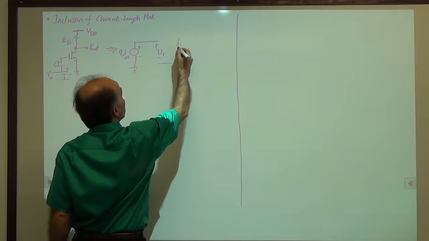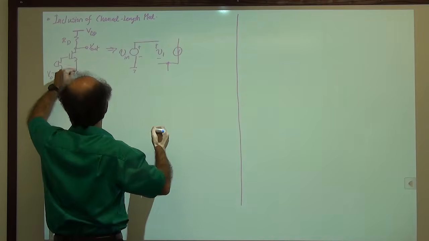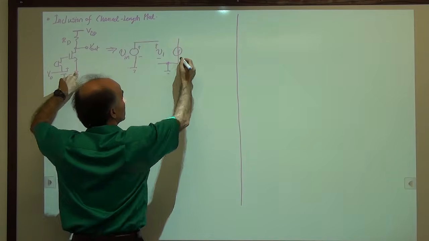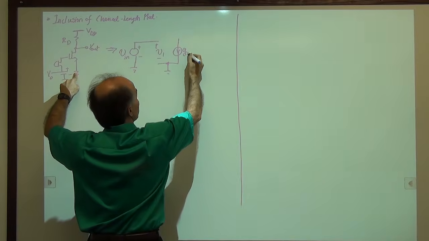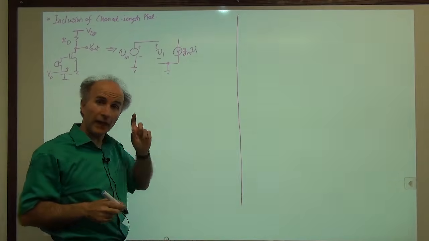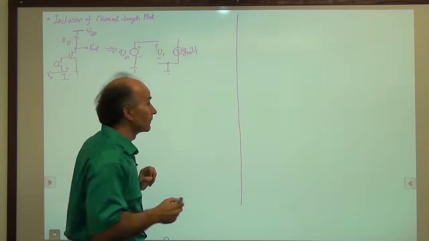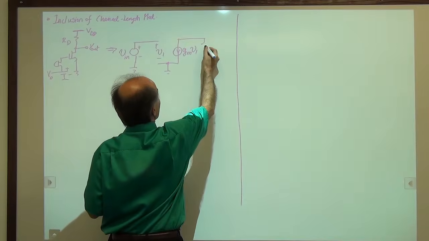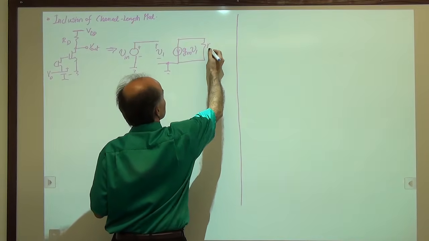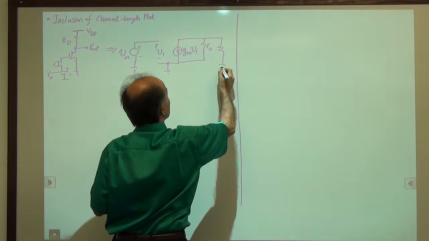And now we have the source. The source goes to ground, so that's good. This voltage-dependent current source is given by GMV1. And then we have to add RO to represent the channel length modulation effect. So we have RO here. And we also have RD.